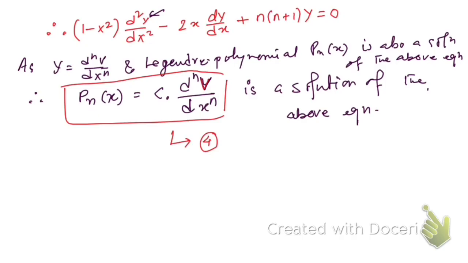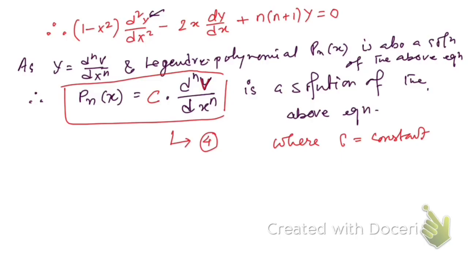Now you see our aim is to determine the value of c, this constant c. So let me write it properly, where c is a constant, right? Now how to determine that?